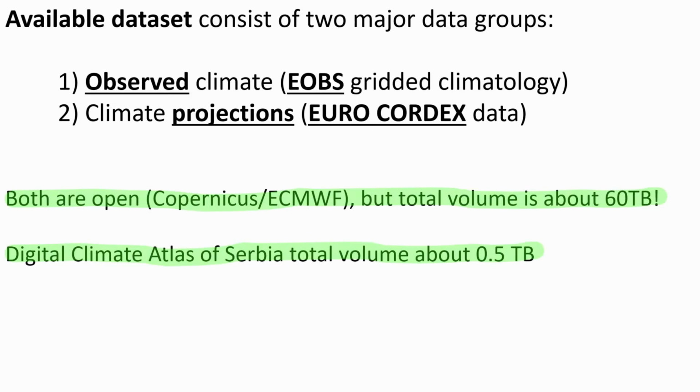So the idea is that we use this huge volume of data that we have in the background, and then we customize the data for the users in Serbia, so we don't need to reprocess that big volume of data every time to have local information. And that's the point when we talk about minimum sustainable data sets.